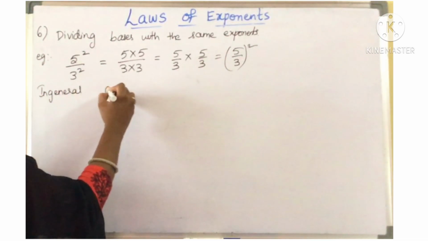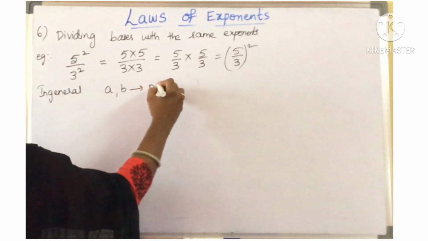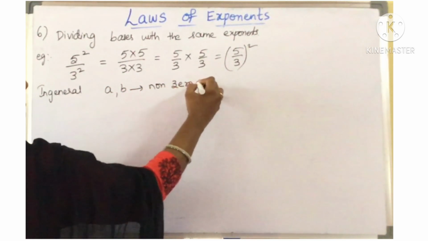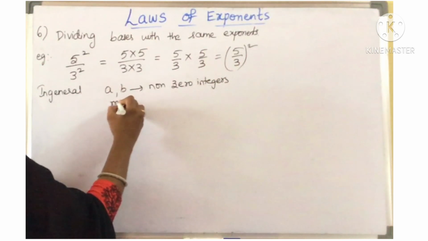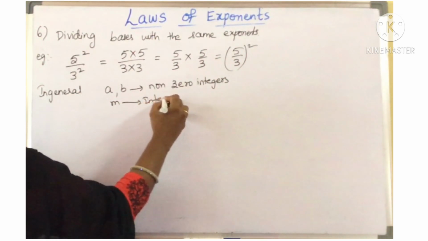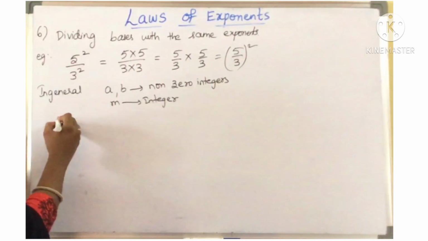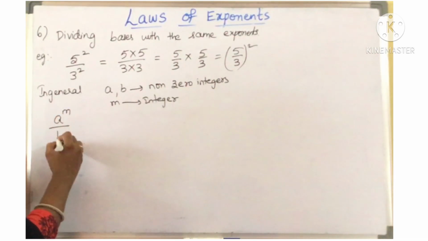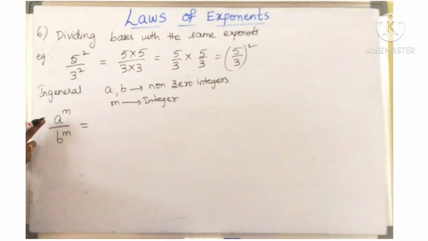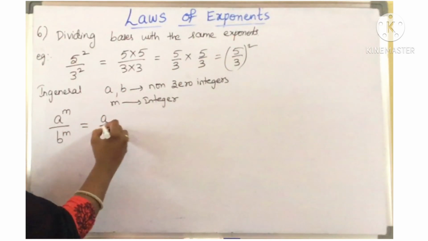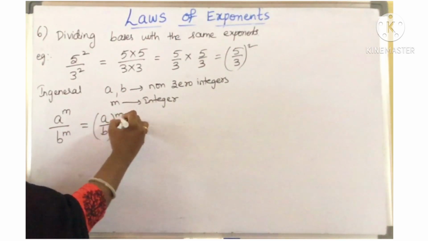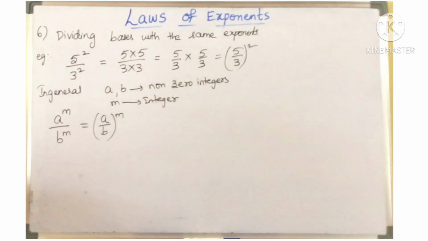If the bases are different, so A and B are non-zero integers, and the power is the same, so M is an integer, then how do you write it here? A to the power of M by B to the power of M. Here A and B are different bases but the exponent is the same. How do you write this? A by B whole to the power of M.